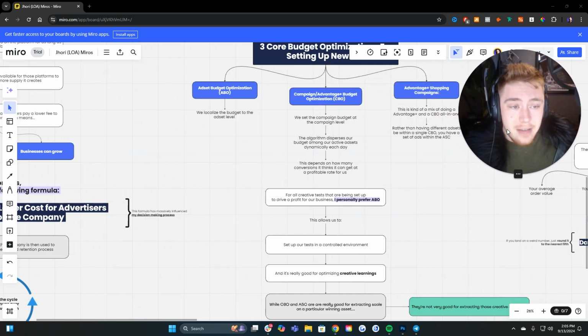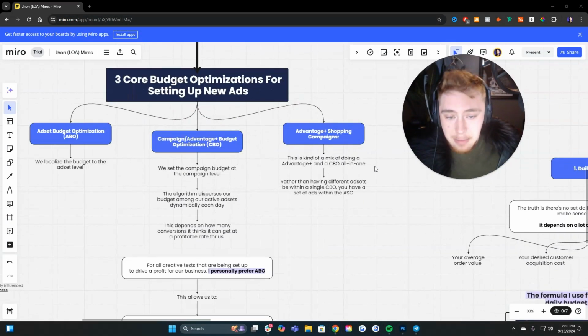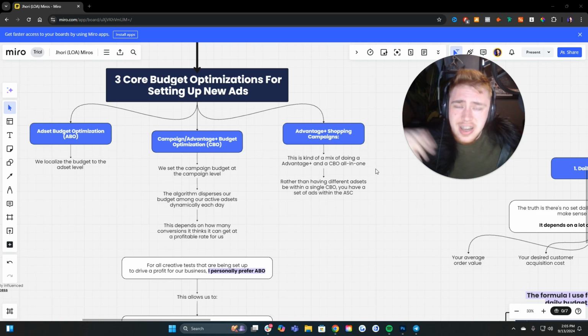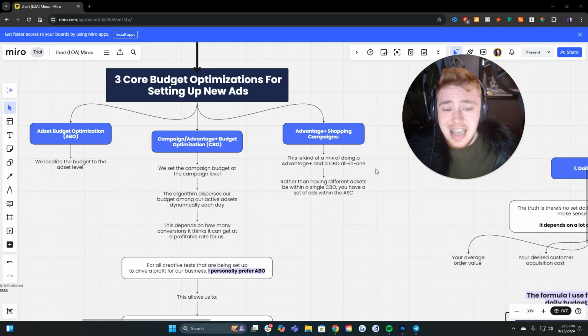And then, of course, we have Advantage Plus shopping campaigns, which is a mixture of CBO and ABO all in one, but rather than having ad sets, we have kind of an ASC CBO hybrid where we have different ads within the ASC, and then it functions like a CBO where the ASC campaign will choose the ads that get the most spend rather than the ad sets with CBO.